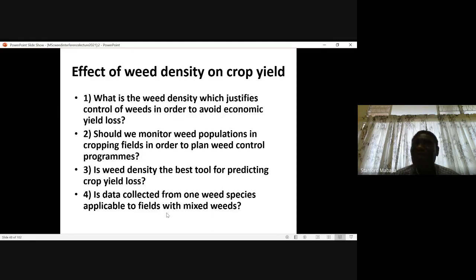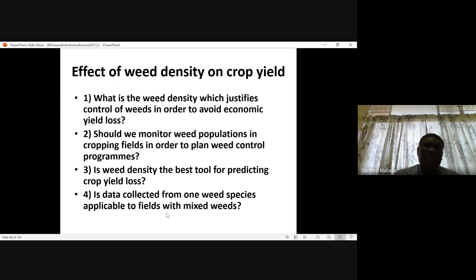So you have to get information for each weed. But if you go in a field where weeds are mixed, is this information reliable? So these are some of the issues.